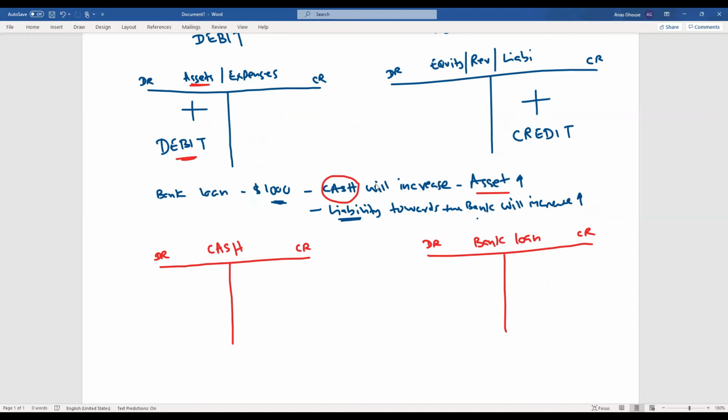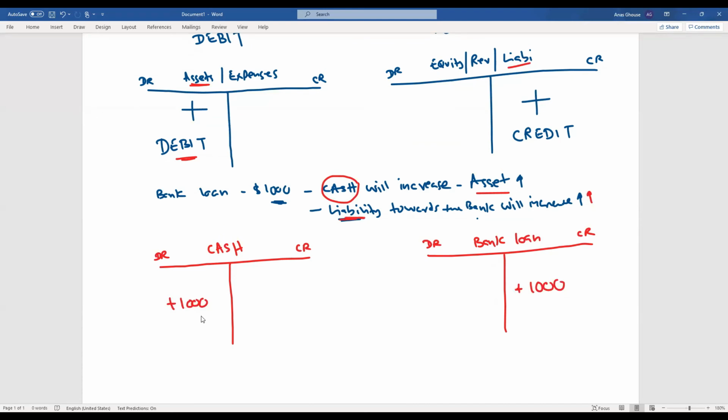So you have to debit 1,000 for the increase in cash. On the other hand, our liability increases. We need to pay the bank in the future. So the increase in liability is credited 1,000. You understand? So this is how you record the double entry accounting based on the dual concept.